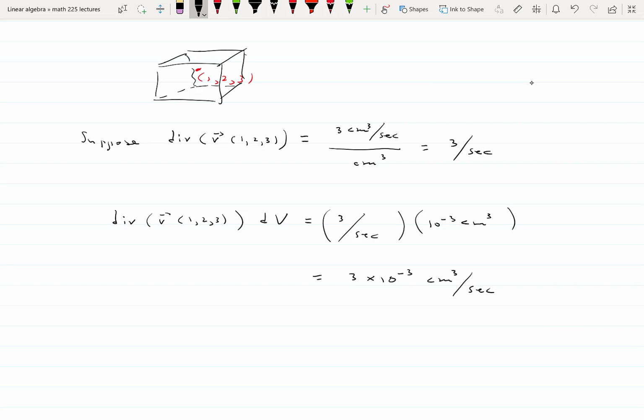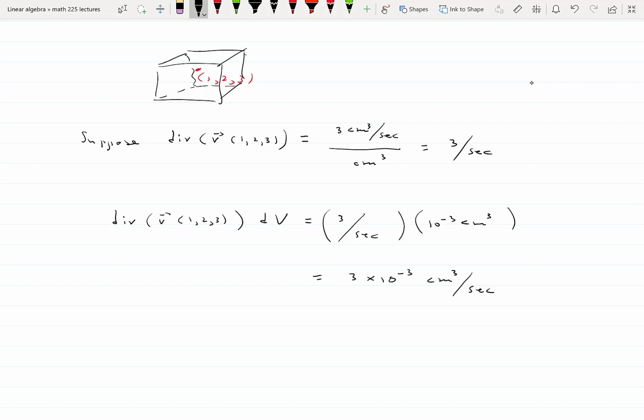So when you take the divergence of the velocity vector at a point and multiply it by a small volume that surrounds that point, then what you get is the rate at which the fluid leaves that box. So the divergence alone doesn't give you the rate at which a fluid leaves a box.